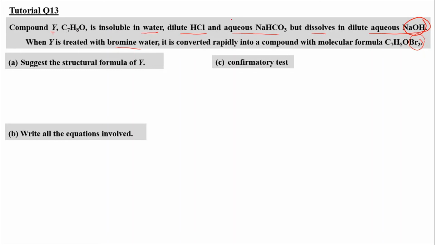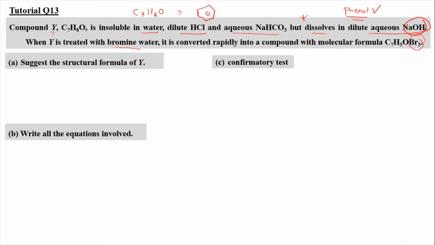The keyword here is that it dissolves in dilute aqueous NaOH. So you know that alcohol will not react with NaOH, but phenol will react, and it dissolves because it undergoes a reaction. So you know that C7H8O is going to be a phenol.